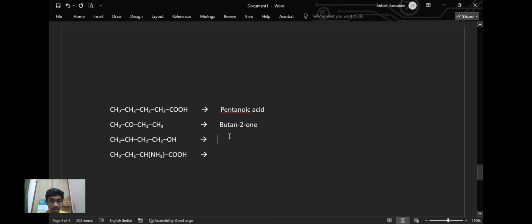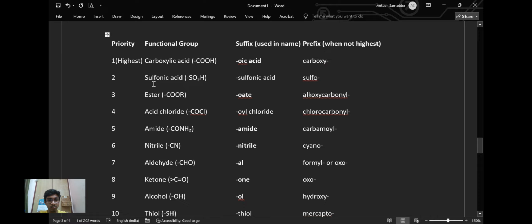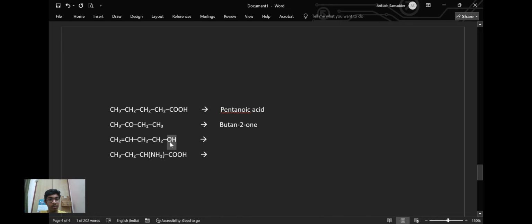If you see very carefully, in this compound you will see a double bond is there, and an alcohol is there, and we know which one has more priority, this double bond or this alcohol. From this table we'll get to know this alcohol will have higher priority.